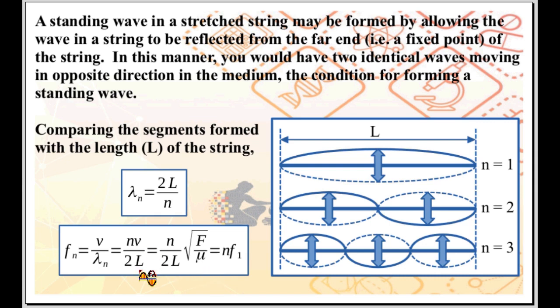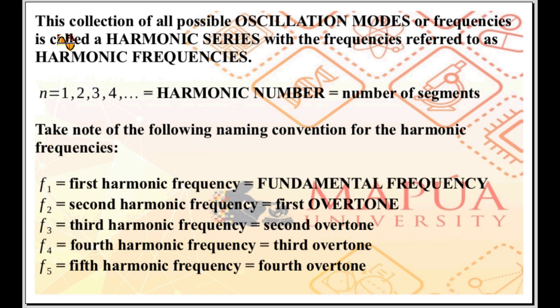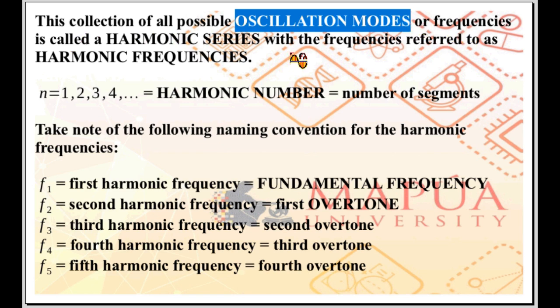And nv over 2L may be written down as n f1. And again, n is equal to 1, 2, 3, 4, and so on. So you have f1, f2, f3, f4, f5, and so on.